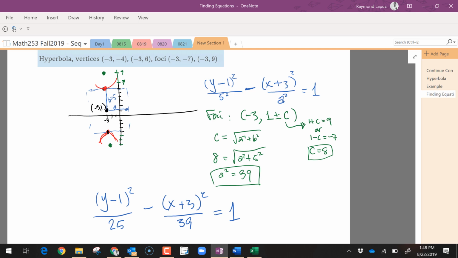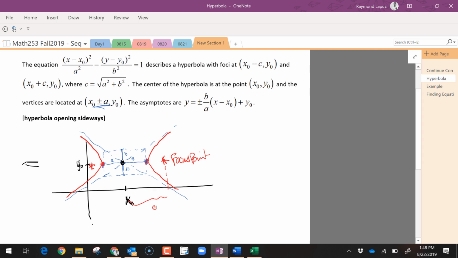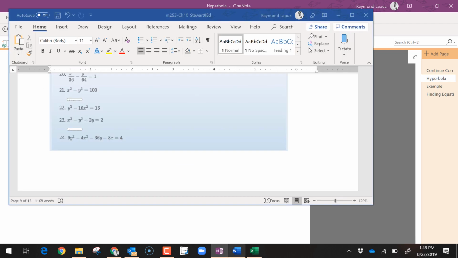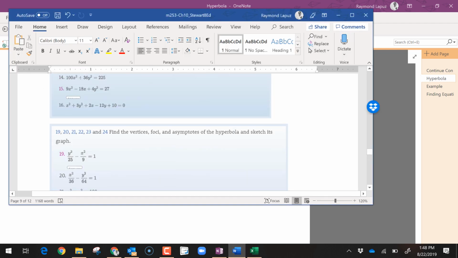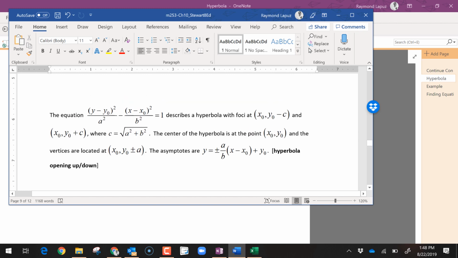Oh, okay. Yeah, so the x naught plus c, I didn't copy and paste the other way. This is opening sideways. So when you're opening sideways, this is your formula. Let me actually add on to our notes here. I don't know why I didn't just copy and paste it.